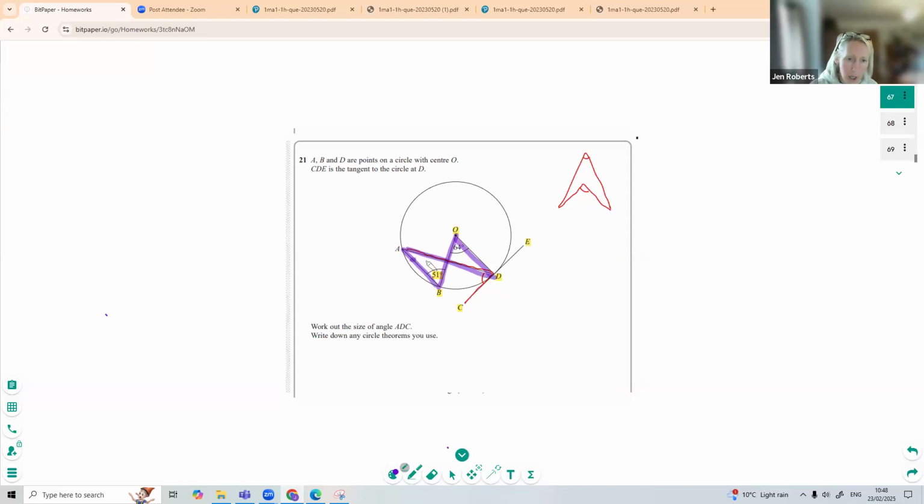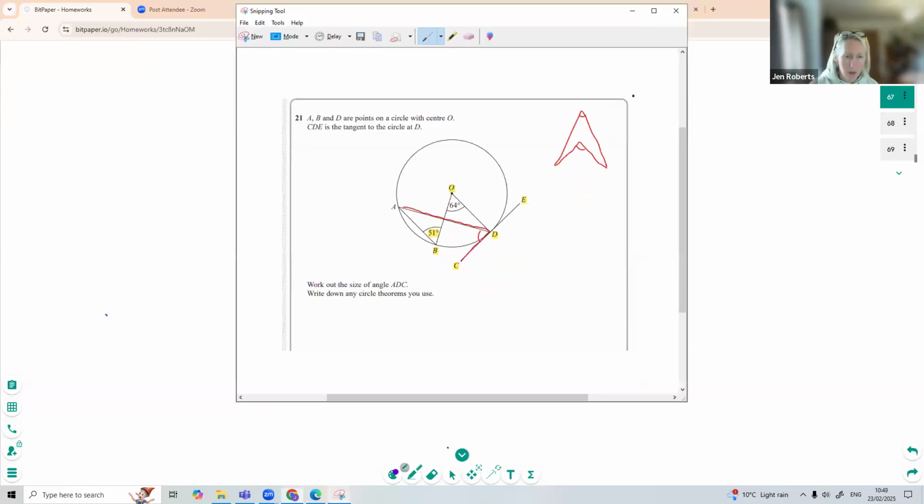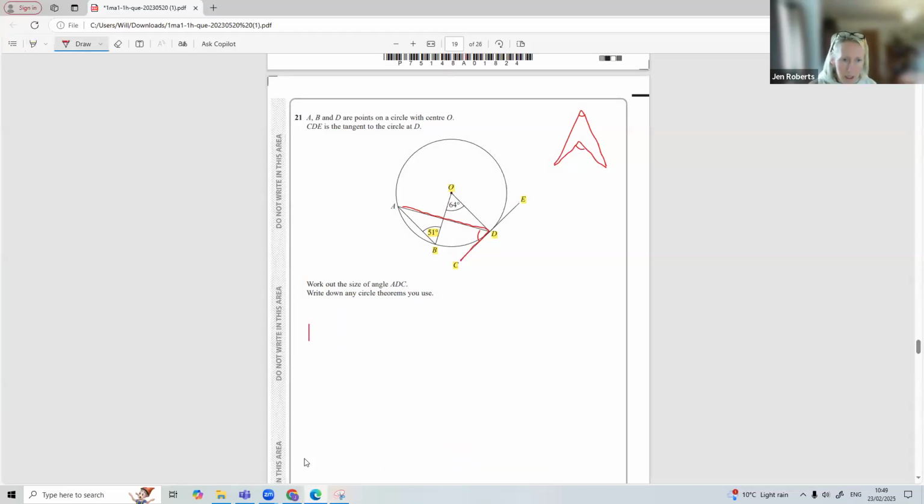So BAO is half of that, which is 32. I'm going to say DAB, because you've gone from D to A to B, equals 32. And your reason is angle at the centre is double the angle at the circumference.